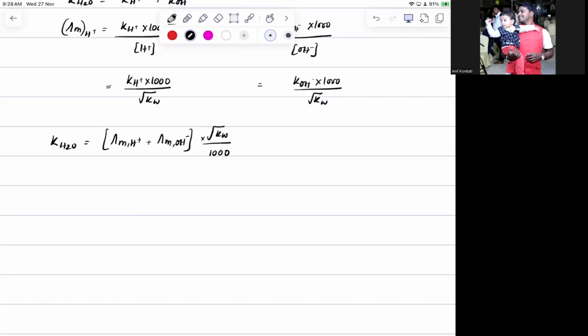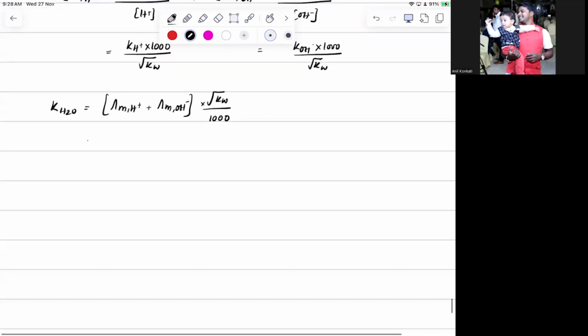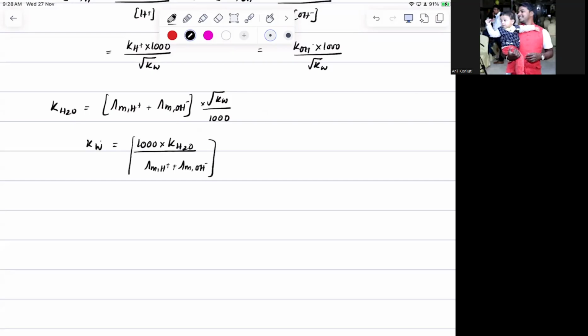This is what we are getting. So therefore, Kw will be equal to 1000 times kappa of H2O divided by lambda m of H plus plus lambda m of OH minus, whole square. So that's how we can find out the Kw value. Usually Kw values are always found this way.